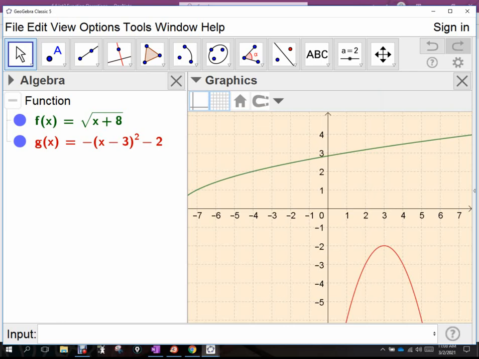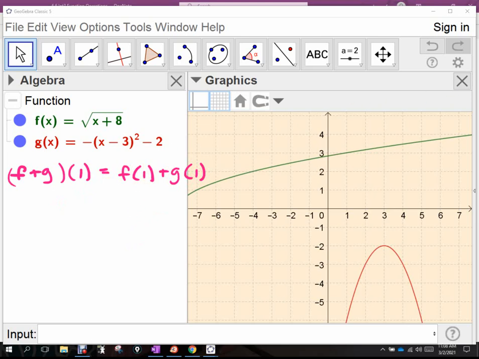That would be better. If I ask you what is f plus g at an x value of 1, well, let's rewrite what that really means. That means find f of 1 and add to it g of 1.